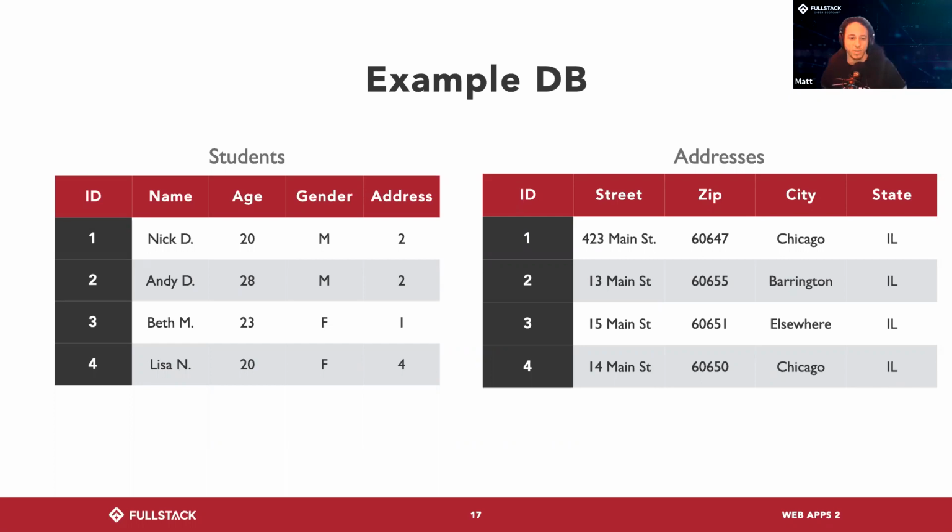This is just ways we can store information. One thing I do want you to keep in mind is the way we store information is not necessarily the way we're going to use that information, right? So this is just one way of storing the information of students and their addresses. Put them on 2 separate tables and relate them with a foreign key, okay?